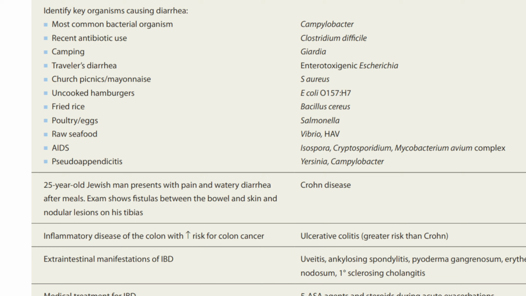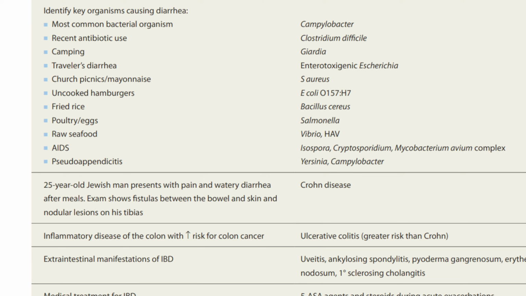If you have been camping, it is Giardia lamblia. Traveler's diarrhea is associated with enterotoxigenic Escherichia coli.